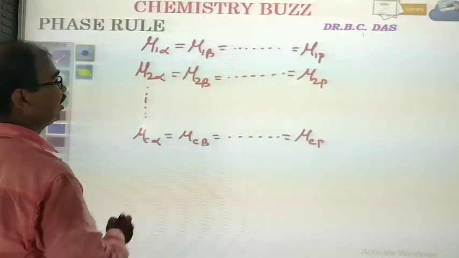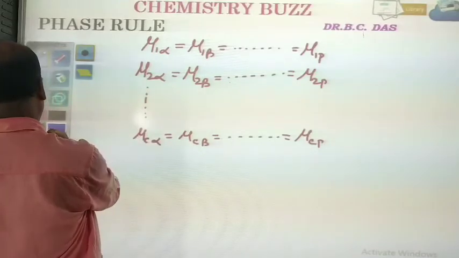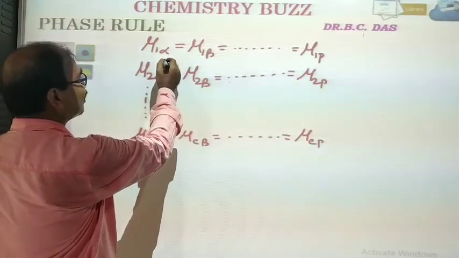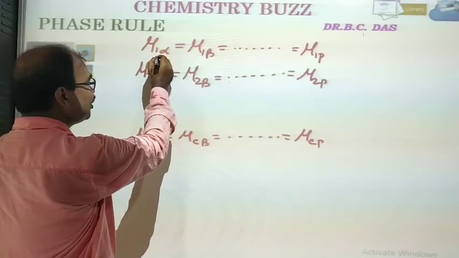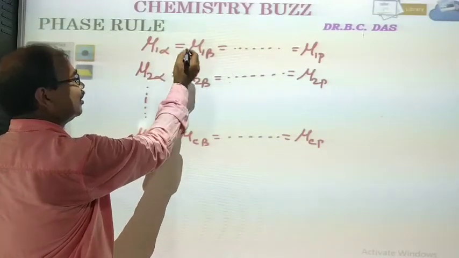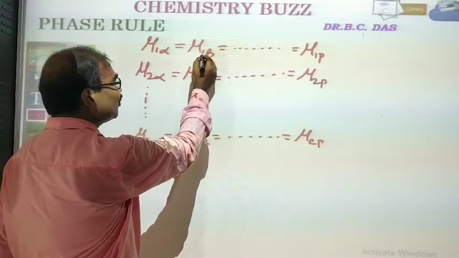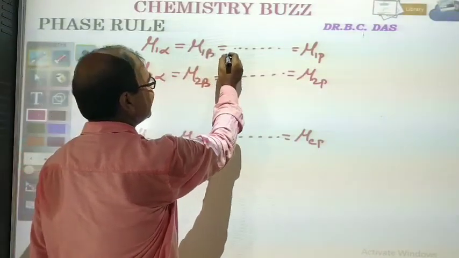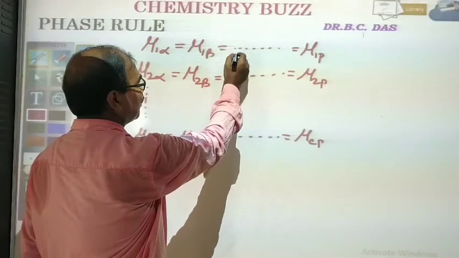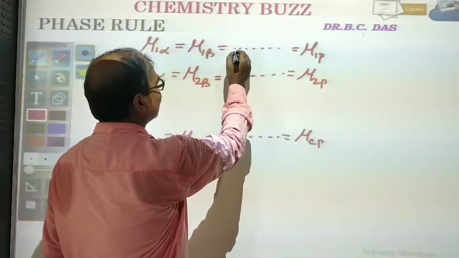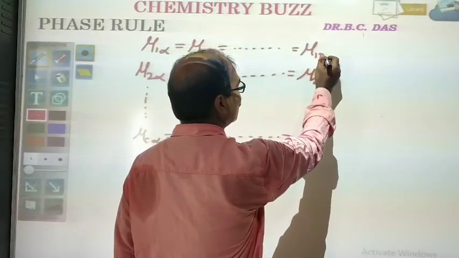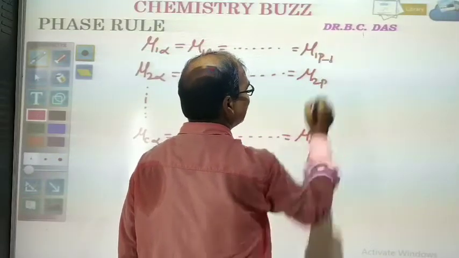That condition is that mu1 alpha, the chemical potential of component 1 in the alpha phase, is equal to the chemical potential of component 1 in the beta phase, which is equal to the chemical potential of component 1 in the gamma phase, likewise up to the P minus 1 phase.